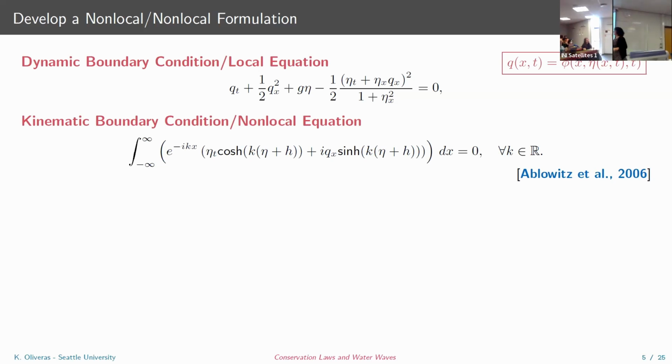This is where these non-local operators come in. And you can think of this as an implicit representation of the Dirichlet to Neumann operator. The difference being, if you were to look at the formulation due to Craig and Sulem, and others, you would have eta_t equals this Dirichlet to Neumann operator acting on the trace of the potential at the free surface.